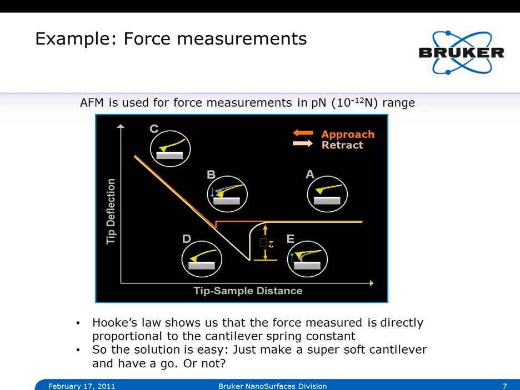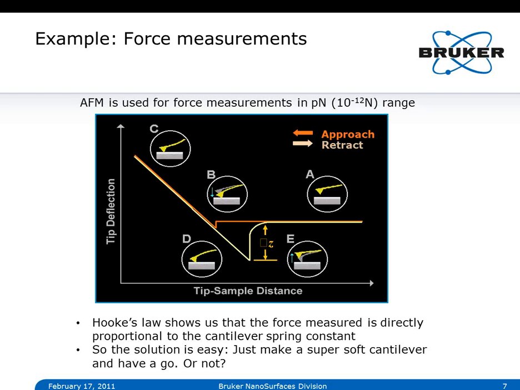And curves like that can give us a variety of mechanical information, compliance, elasticity, but it can also give us information about adhesive forces between the tip and the sample. Hooke's law describes these force measurements pretty accurately, meaning that the force measured is proportional to the cantilever spring constant and of course the movement of the sample or the cantilever.